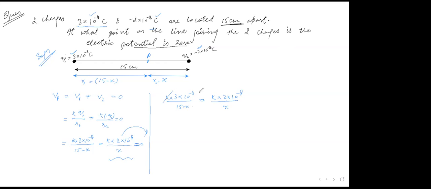Now k will cancel with k, and 10 raised to the power minus 8 with 10 raised to the power minus 8. You get 3 over 15 minus X is equal to 2 over X.